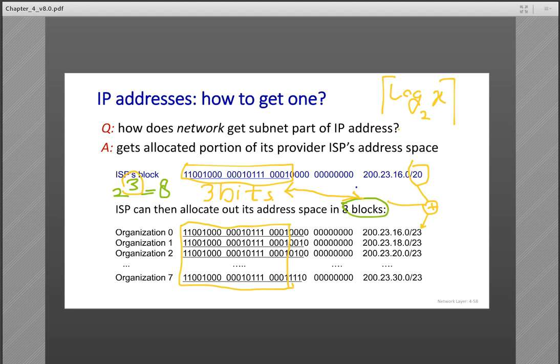This is 20 bits. And now I'm looking for another 3 bits. Look on the green zone here.